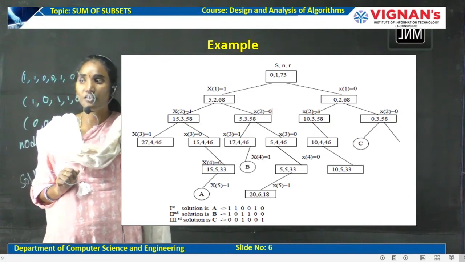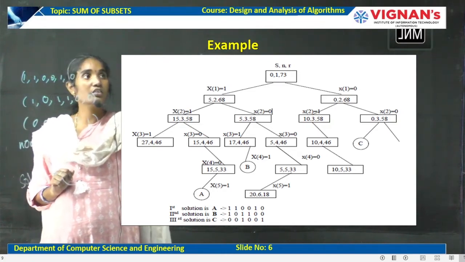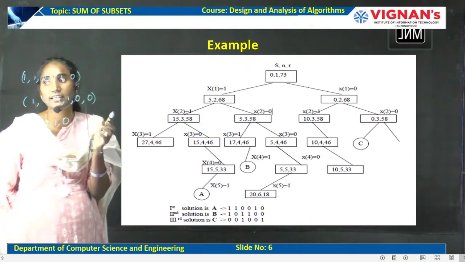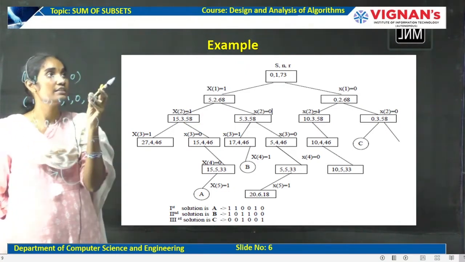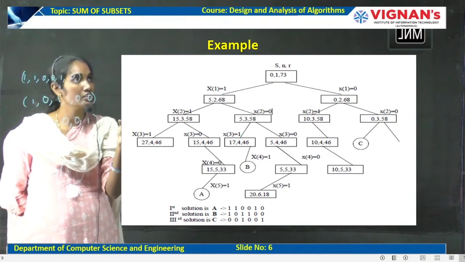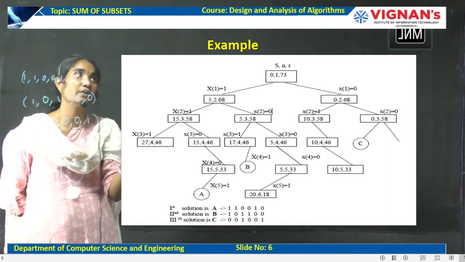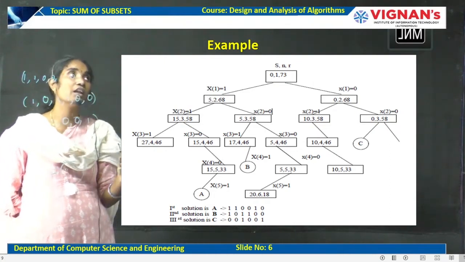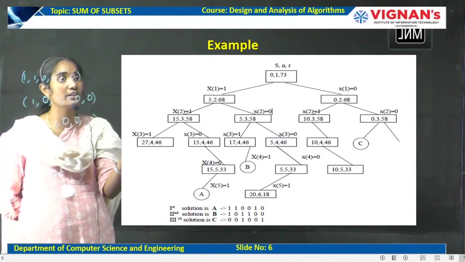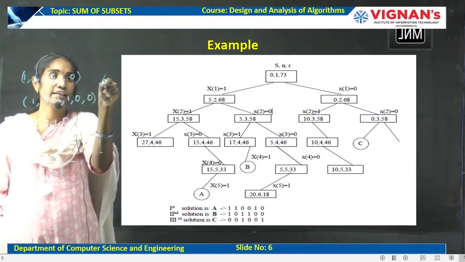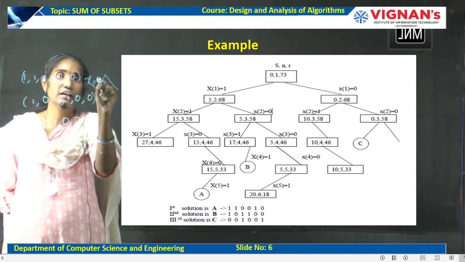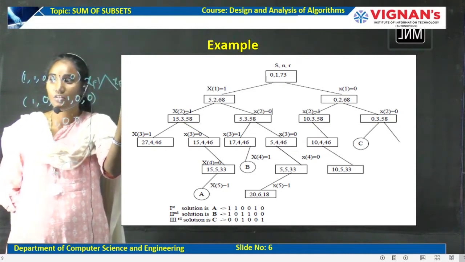Now if you have seen here, in the second level you have x1 is equal to 1 and x1 is equal to 0, and in the third level also you will be having at each node x2 is equal to 1 and x2 is equal to 0, right?